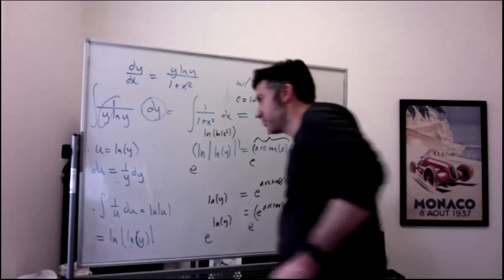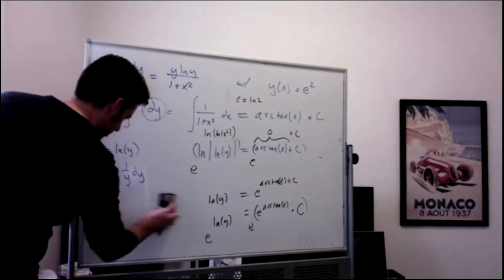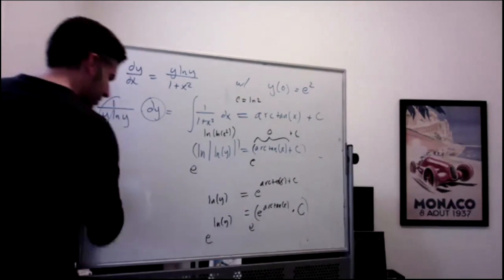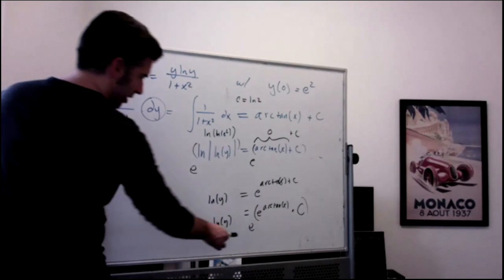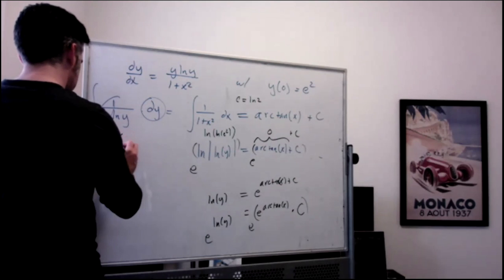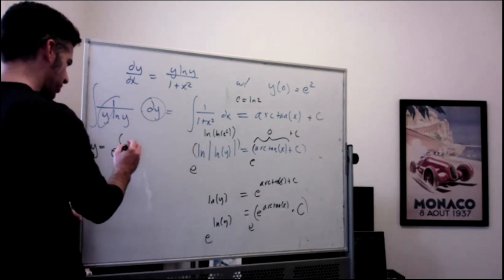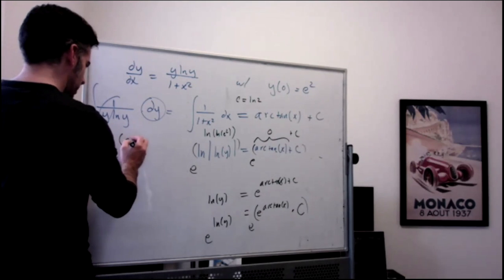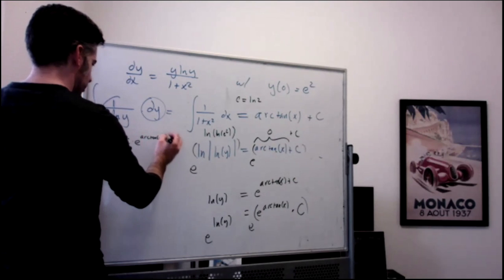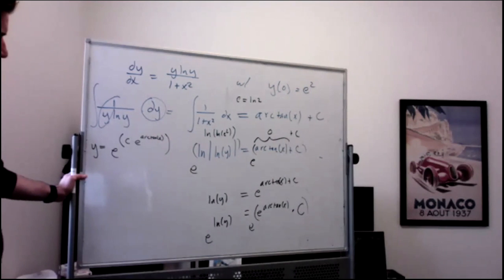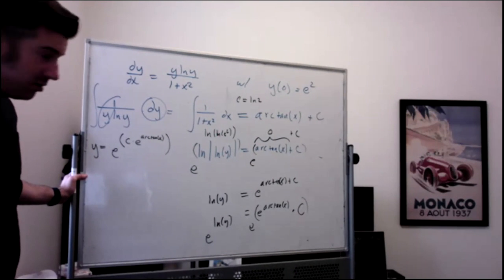All right. Here's what I've got. e to the natural log of y is y. And I've got c times e to the arc tangent of x. That looks terrible.